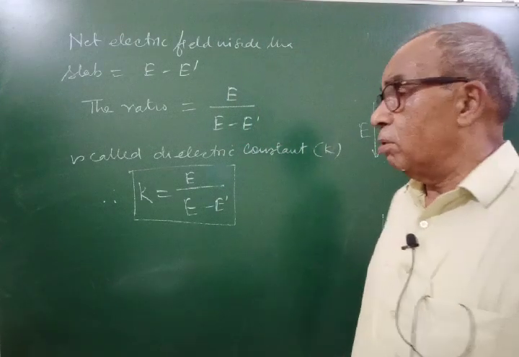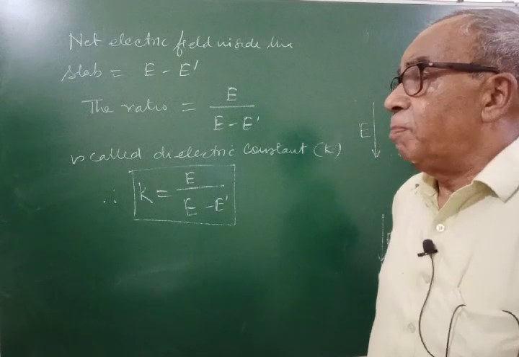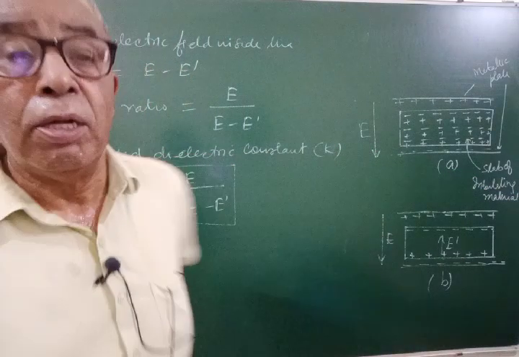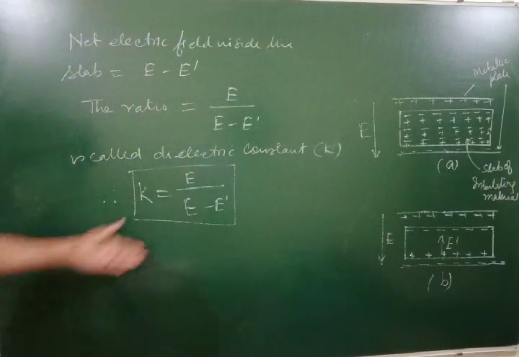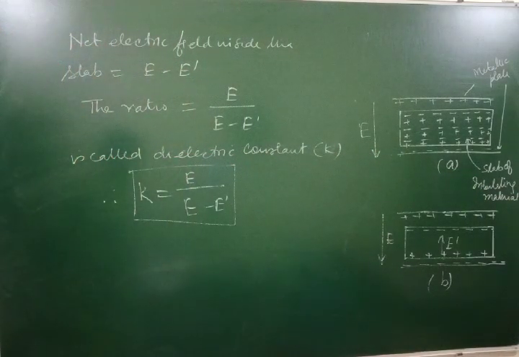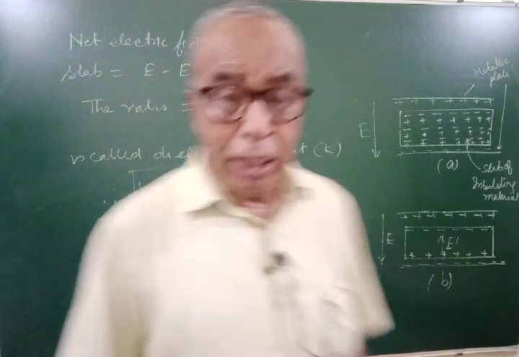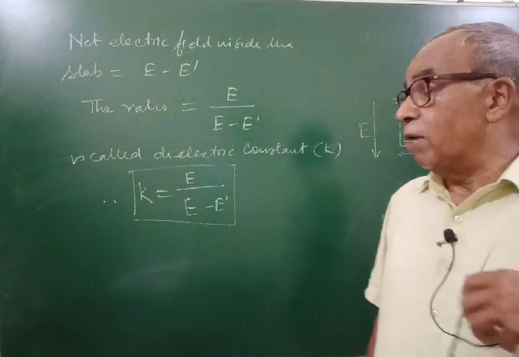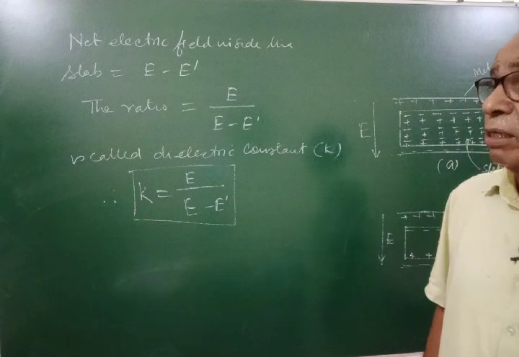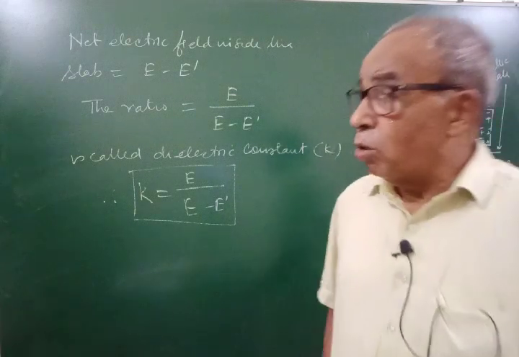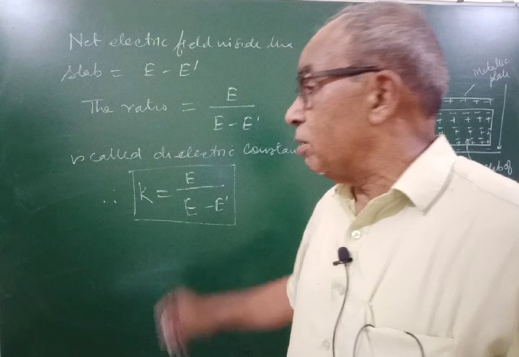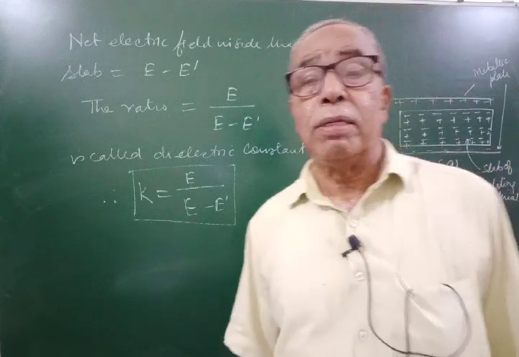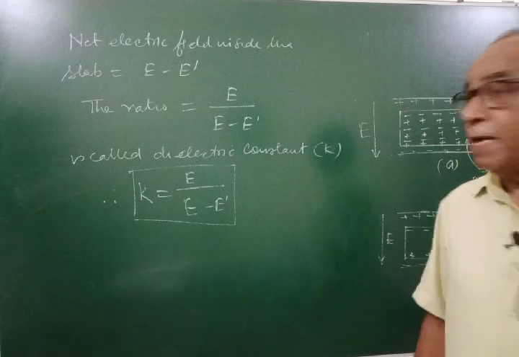Plywood and paper have dielectric constant up to 5 to 6, but polar compounds have greater dielectric constant, like water. Water is a polar compound. It is generally asked in exams why water has a very high dielectric constant. Because it is a polar compound, E dash will be close to E. The dielectric constant of water is 80.